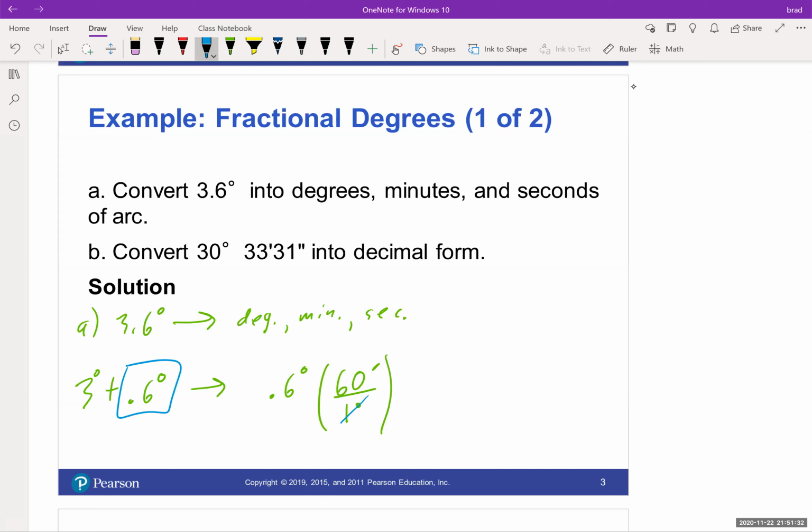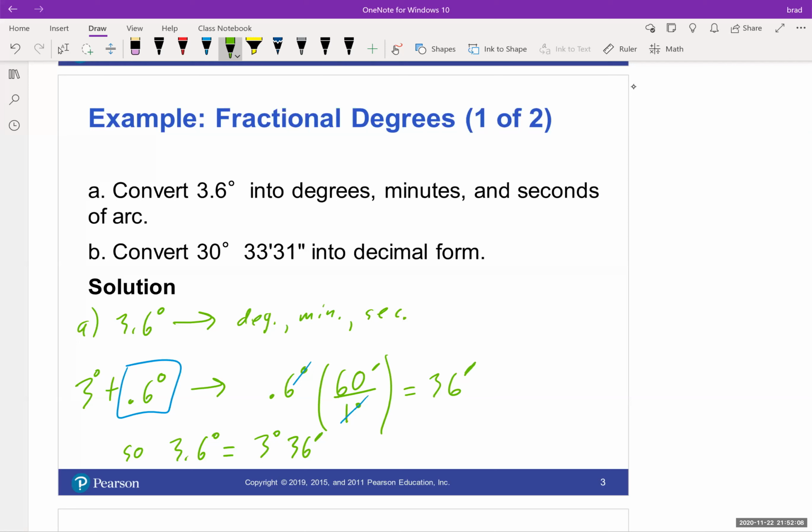The degree symbol is going to cancel, so what you're left with is simply 0.6 times 60 minutes. If you multiply this on your calculator, you get 36 minutes. So 3.6 degrees is equal to 3 degrees and 36 minutes. Because there wasn't an extra decimal, we don't have to worry about seconds.